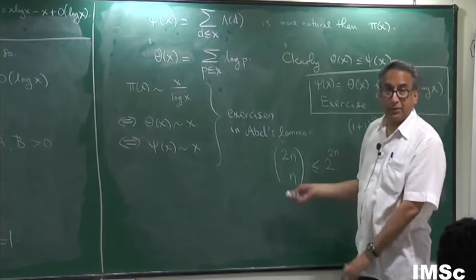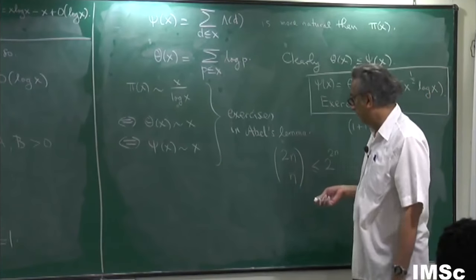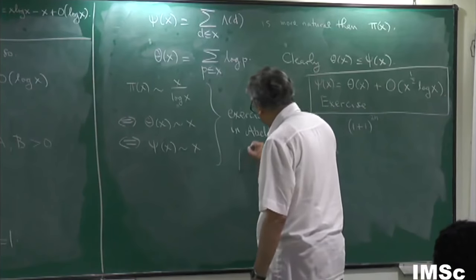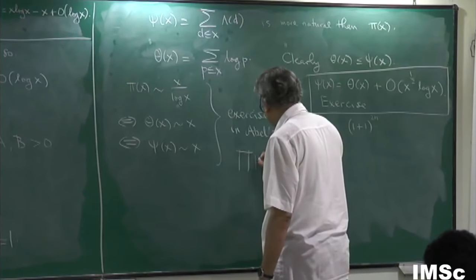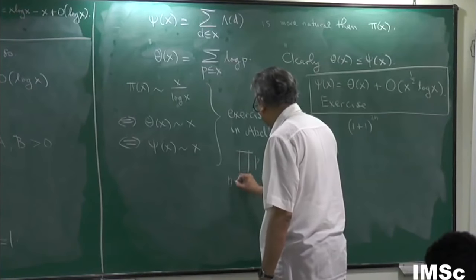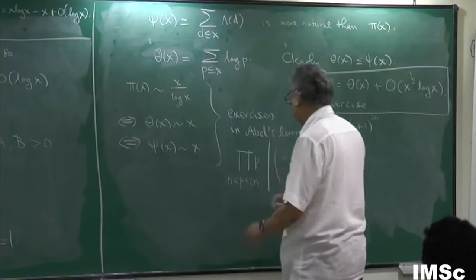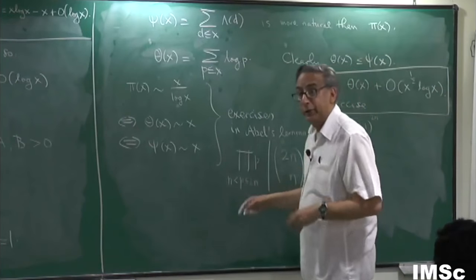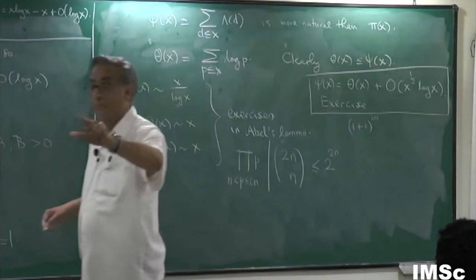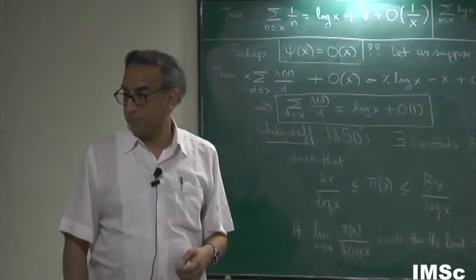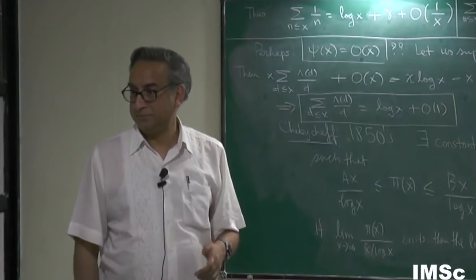And what is so great about this particular middle binomial coefficient? Well, it is divisible by all the primes that lie between n and 2n. Because all the primes that lie between n and 2n appear in the numerator, but they're not cancelled by the thing in the denominator. Clever, huh?